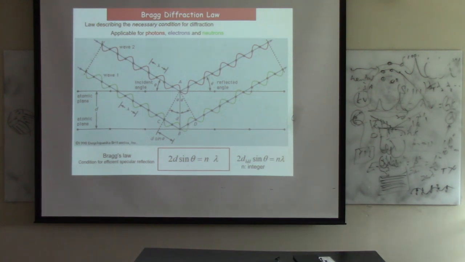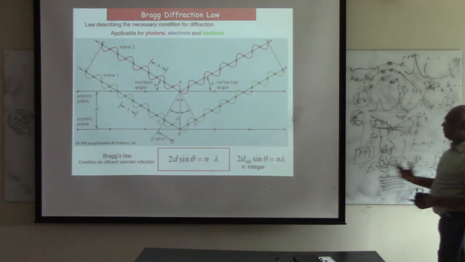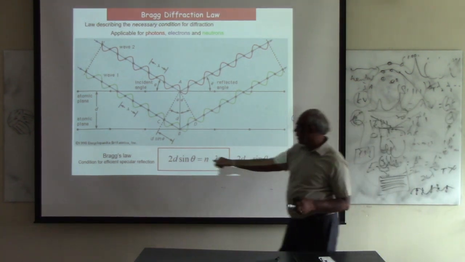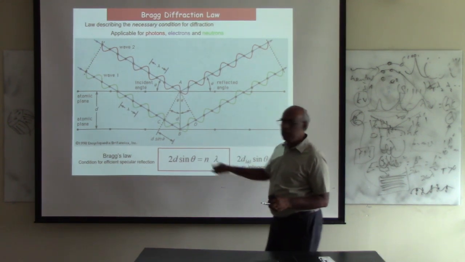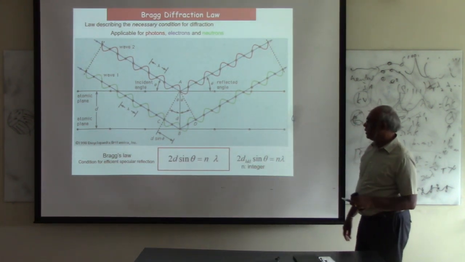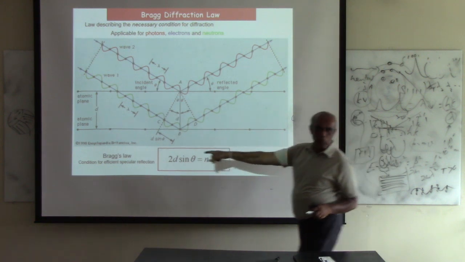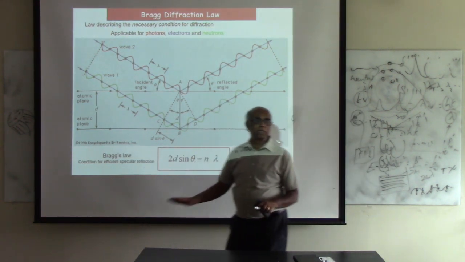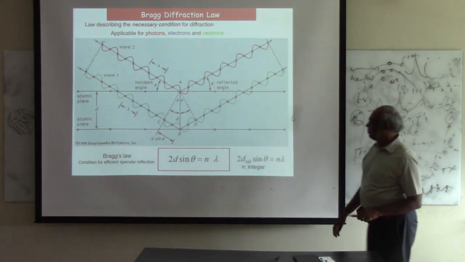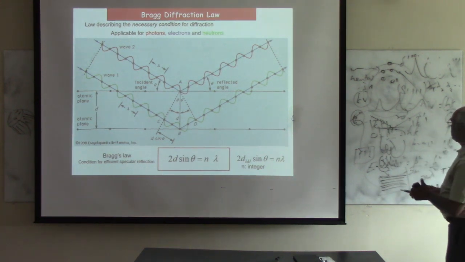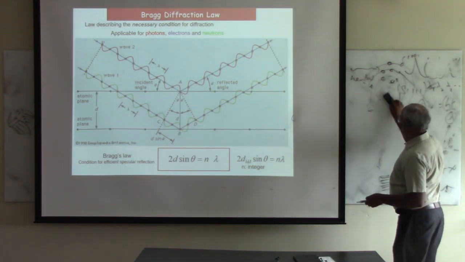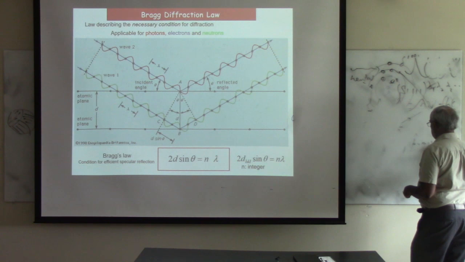If you want to see the diffraction, you need to satisfy this 2d sine theta equals n lambda relationship. So this is called Bragg's law. So in any crystallography, when you try to interpret your data, you have to use this equation.